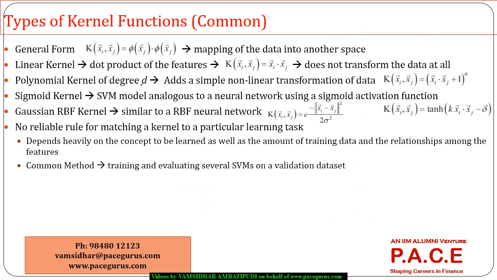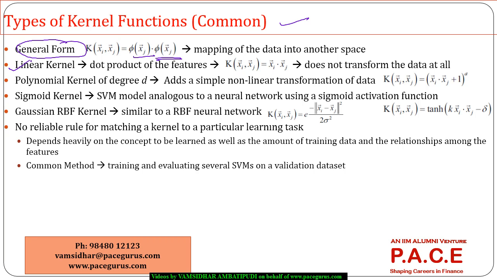So looking at the very common kind of kernel functions that are used, the general form of a kernel is a transformation like this. If I'm talking of xi, xj, so xi is getting transformed into xj by some function of xi mapping it to some other function of xj. So it is a mapping of data in one space to data in another space.